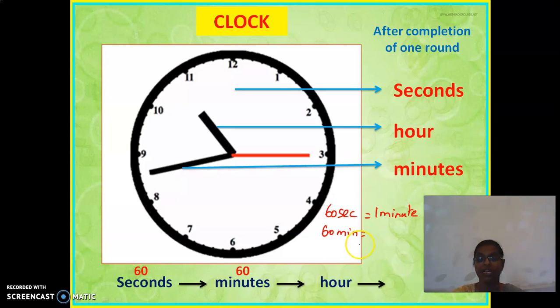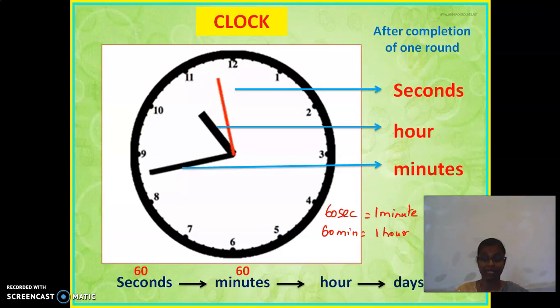And that 60 minutes is known as 1 hour. With the help of the hour, when the hour hand completes its rotation, it is called half a day. So in one day you have 24 hours. So with the help of hours, you can calculate the days. And with the help of the days, you can calculate months. With the help of days and months, you can calculate the year.